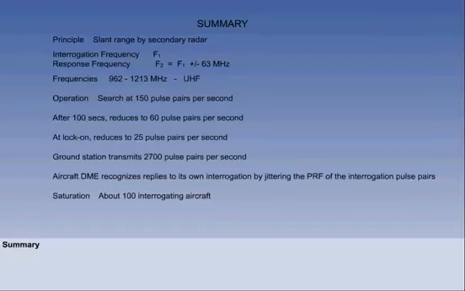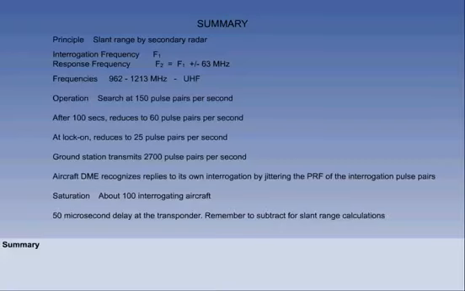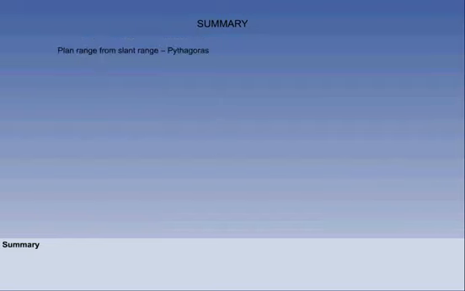The weakest signals are discarded as the transponder gain is reduced. There is a 50 microsecond delay at the transponder. Remember to subtract if you are required to do any slant range calculations. If you have to calculate plan range from slant range, use Pythagoras' theorem.